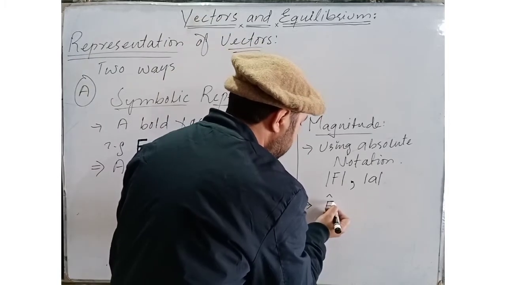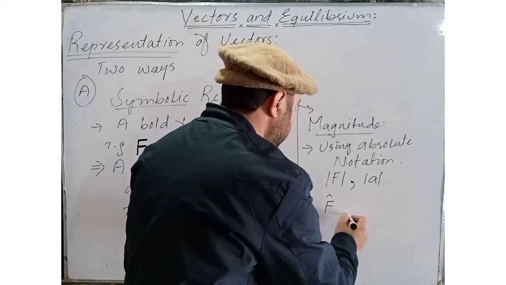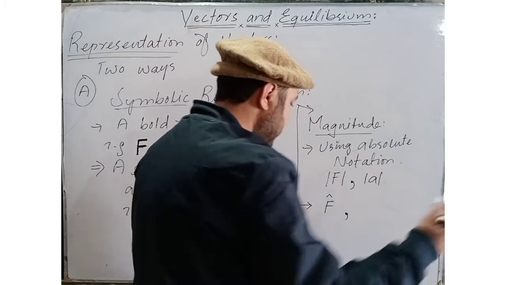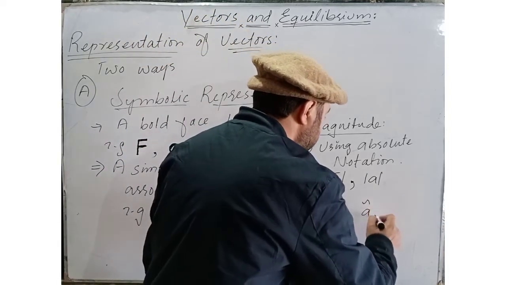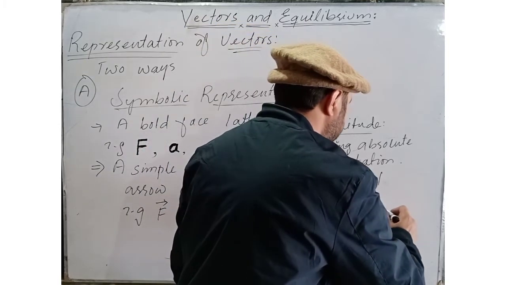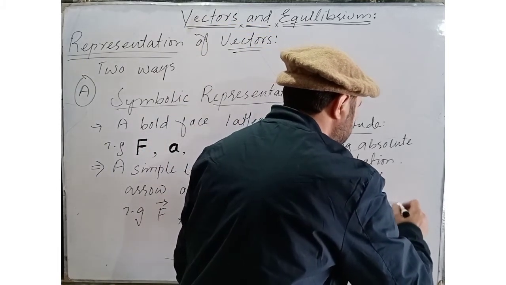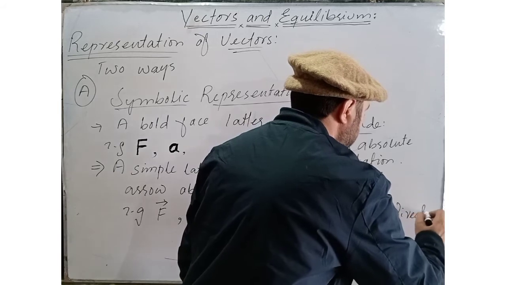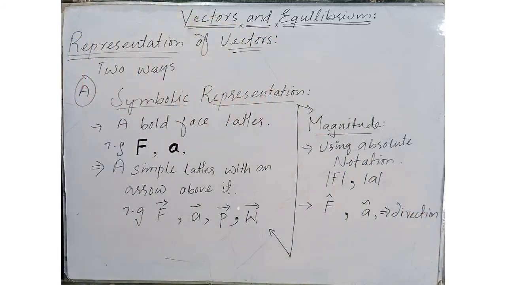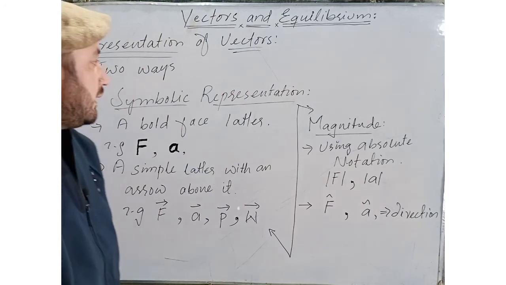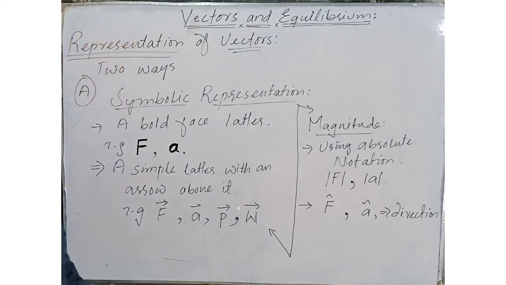So this will be what we call a unit vector, that we are going to discuss in our upcoming lectures. So these are for directions. Okay, right. So that's how we can symbolically represent vector quantities.